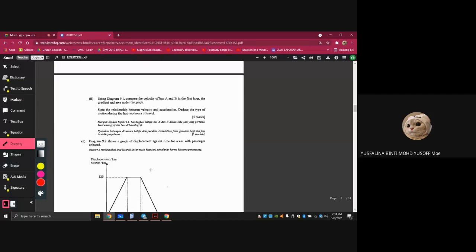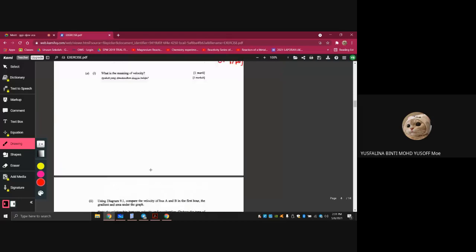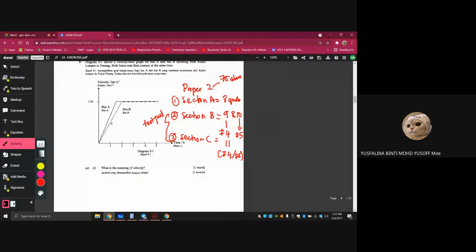When you compare magnitude, you use the words higher or lower. So using diagram 9.1, compare the velocity of bus A and bus B in the first hour.